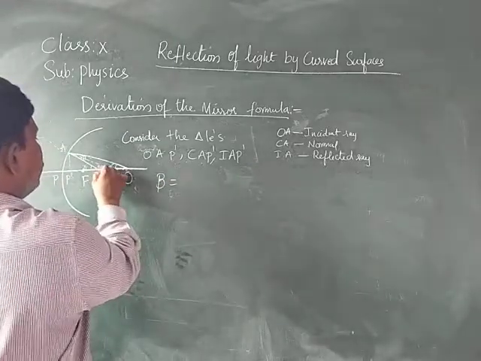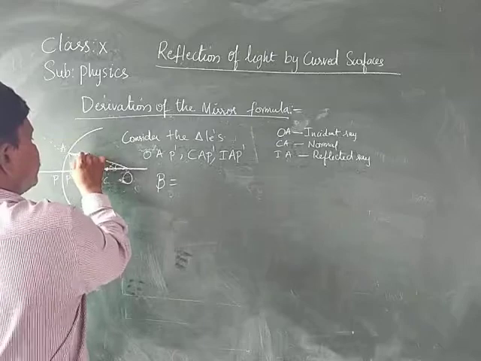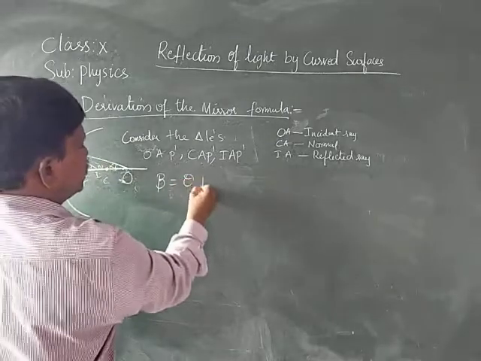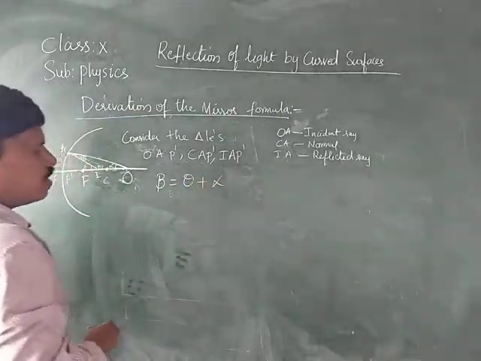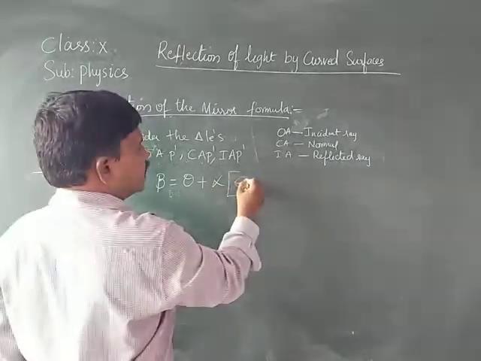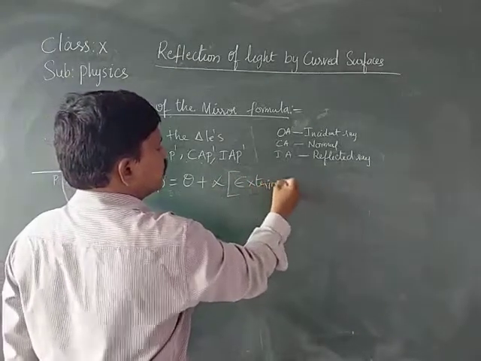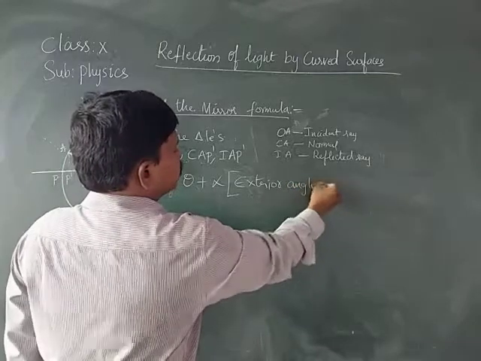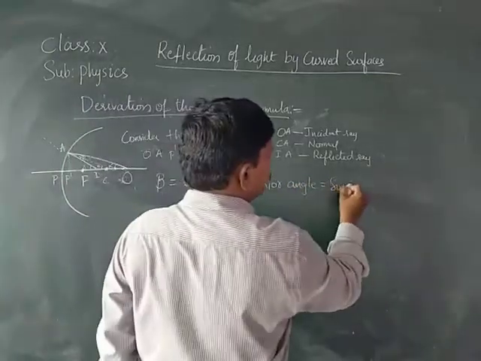From these three figures we have angle beta is equal to angle theta plus alpha. On what basis? Exterior angle is equal to the sum of the two interior angles.